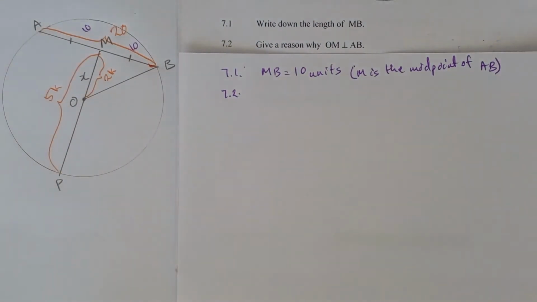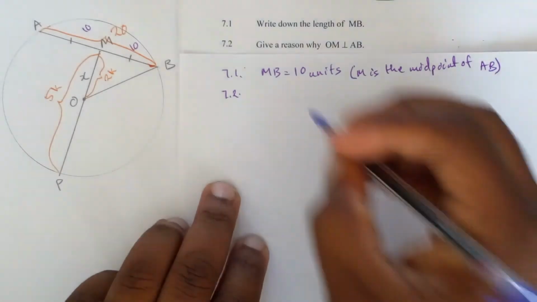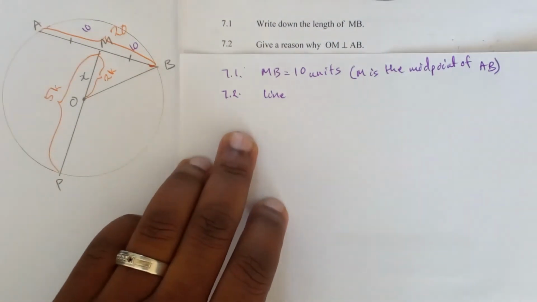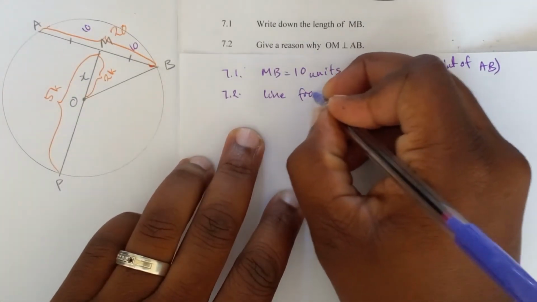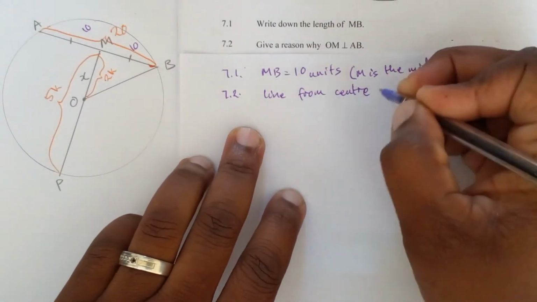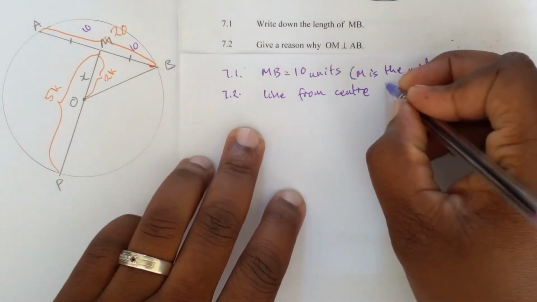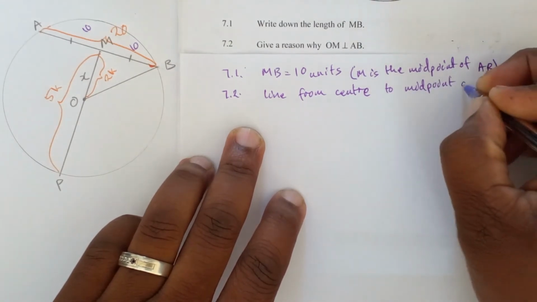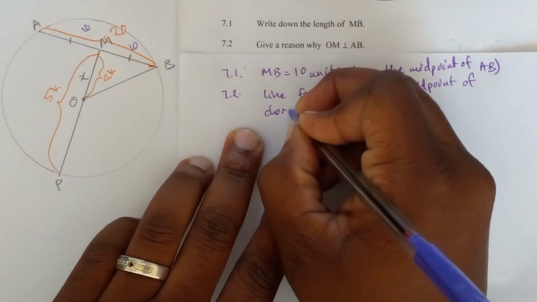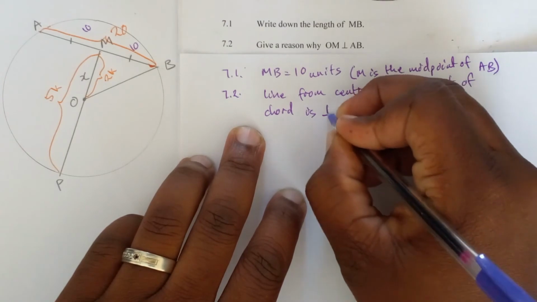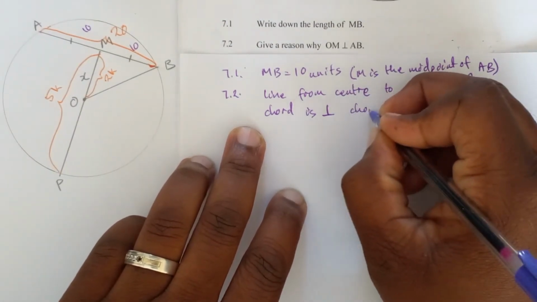We just learned in our theorem that a line from the center of a circle to the midpoint of a chord is perpendicular, so you're going to write it in short: line from center to midpoint of chord is perpendicular to chord.